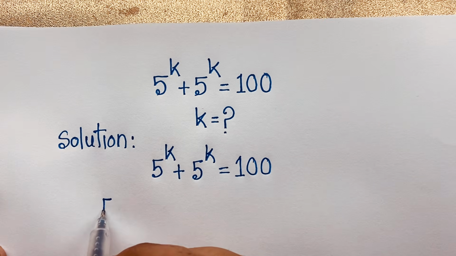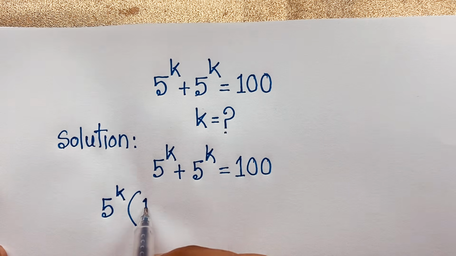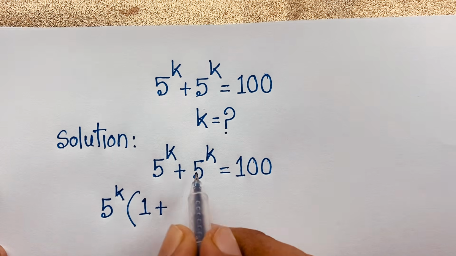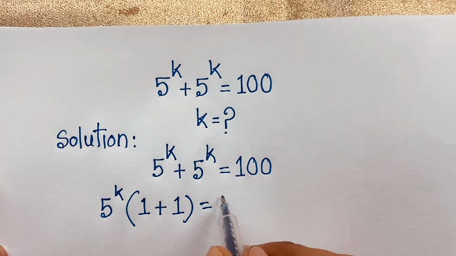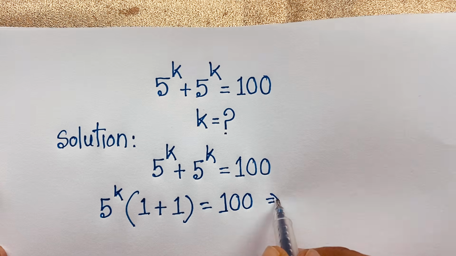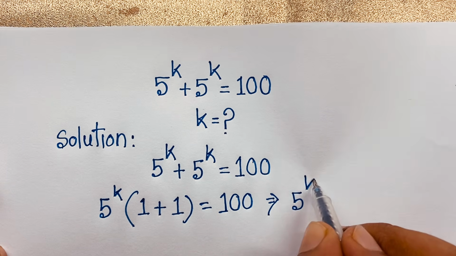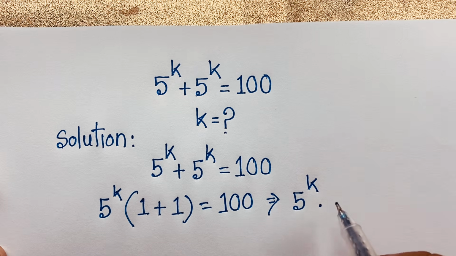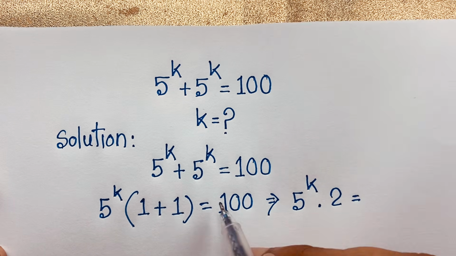So if I take 5 to the power k common, this divided by this is 1, plus this divided by this is 1, is equal to 100. Now you can say this expression will be 5 to the power k times (1 plus 1), this is 2, and here 100.